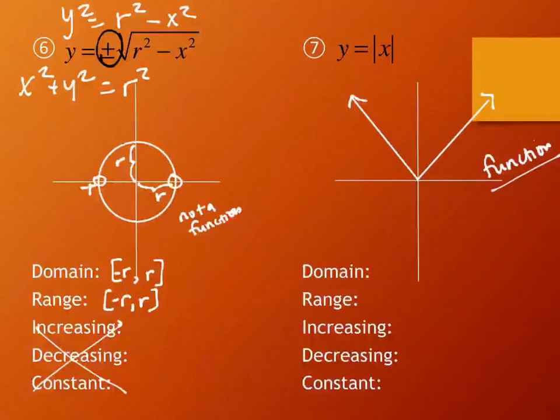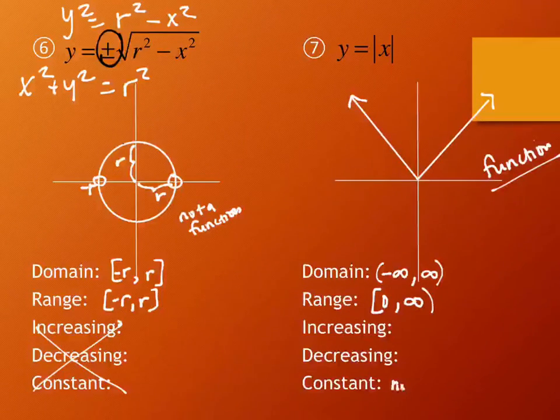What's the domain? Yep, negative infinity to positive infinity. What's the range? With a bracket, right? 0 to infinity. What about increasing and decreasing and constant? Let's start with constant. Where's constant? Never.